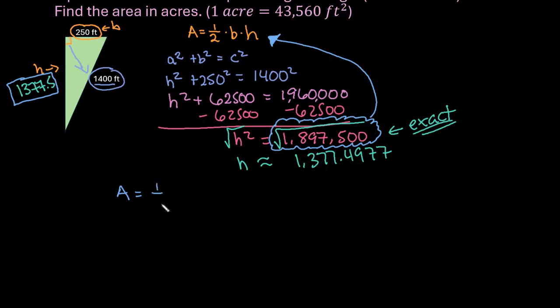So my area is going to be 1/2 times my base, which is 250 feet, times my height, which is 1,377.5 feet. And I did keep it to the 0.5 rather than rounding to a whole number since it's directly in the middle. When it's directly in the middle, it really is better just to go to at least 1 decimal place. Like I said, the more decimal places you use, the more precise your answer is going to be.